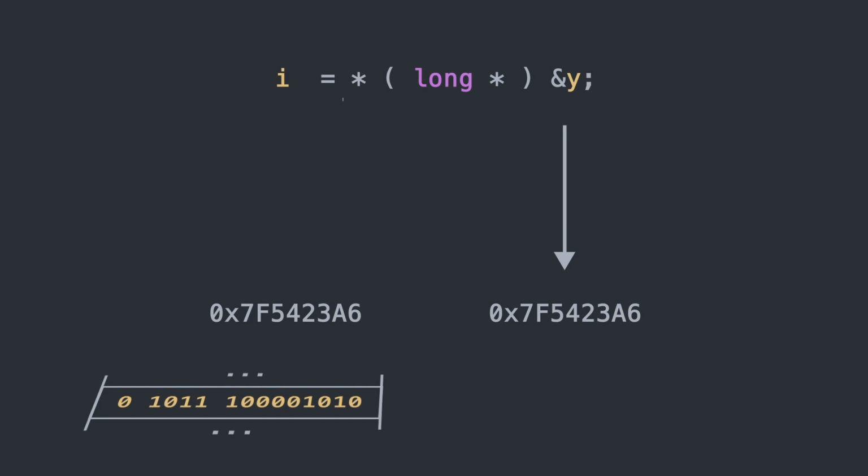So then you read what's written at that address. Because C now thinks that this is an address of a long, it will read that number at that address as if it were a long. Like this, we tricked C by lifting the conversion away from the number itself to the address of that number. And that's how we get the bits of a number into i. I don't know what else to say, that's just how C works, so let's just go to the next step.